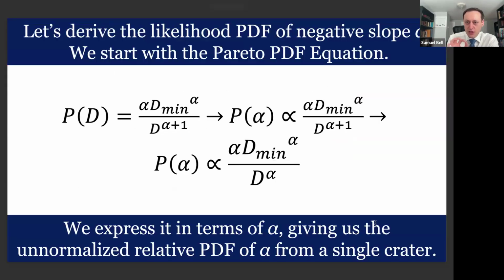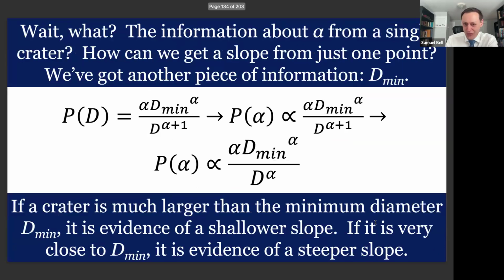Now let's derive the likelihood PDF of negative slope alpha. We start with the Pareto PDF equation. Now we express it in terms of alpha, giving us the unnormalized relative PDF of alpha from a single crater. Wait, what? The information about alpha, about negative slope from a single crater?